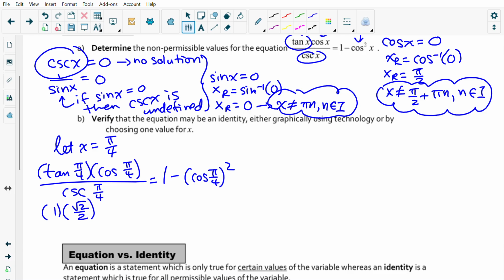Cosecant of pi over 4, well, that's 1 over the sine of pi over 4. That is square root of 2 over 2, or 2 over square root of 2, equals 1 minus the square root of 2 over 2 squared.